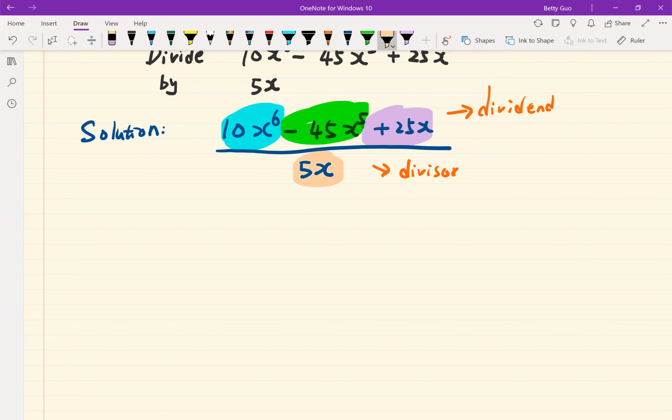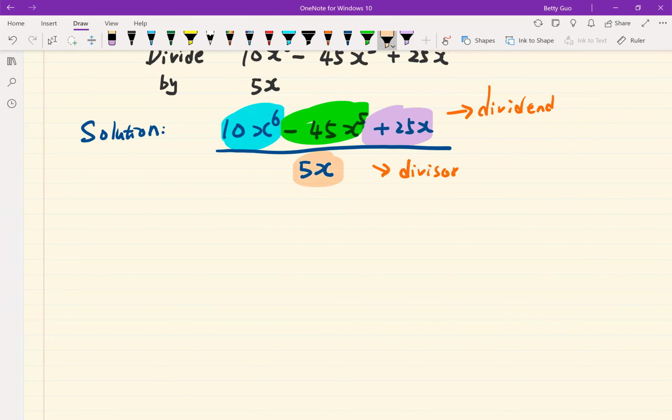Numerator is 10, denominator is 5. 10 over 5, what do we have? 2, yeah, so we have 2 here. And numerator has x to the power 6, denominator has x. I would remind you to look at the quotient rule we learned a few days ago.